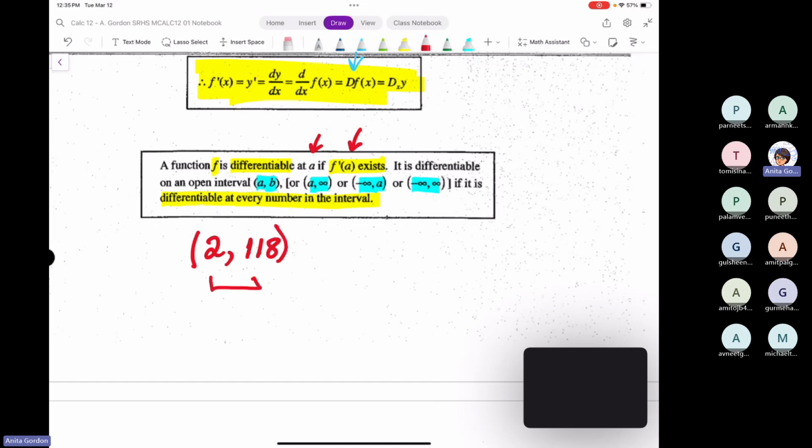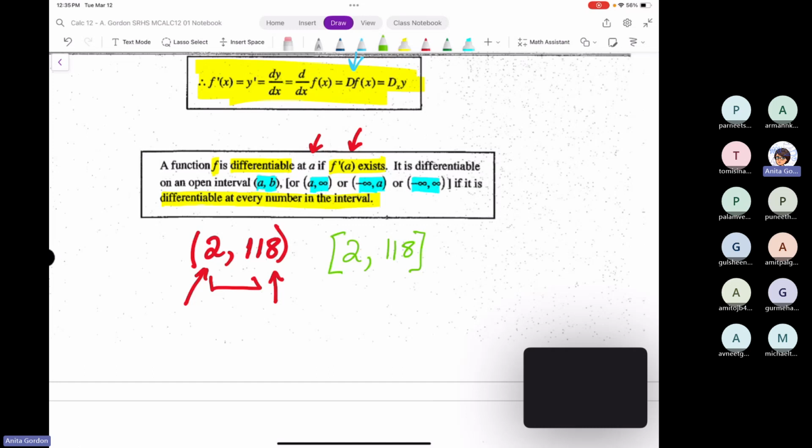You can say that between 2 and 18 it's differentiable, but you cannot say that it's differentiable at 18 or at 2. Everywhere in between it's fine, but not at the endpoints. And it's a similar argument if we included the endpoints. You can say the same thing. It's differentiable everywhere in between, but at the endpoints it is not necessarily differentiable.